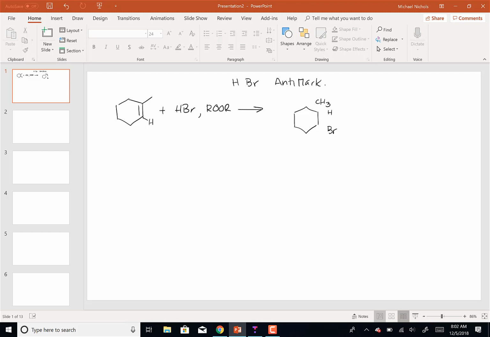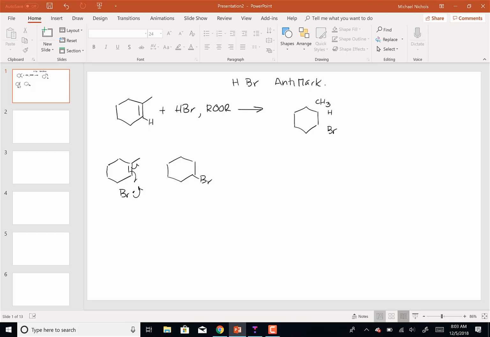Now, we said last time that this goes through a free radical mechanism. So the key species in this is the idea that the Br dot adds to the carbon in the double bond that makes the most stable radical intermediate.